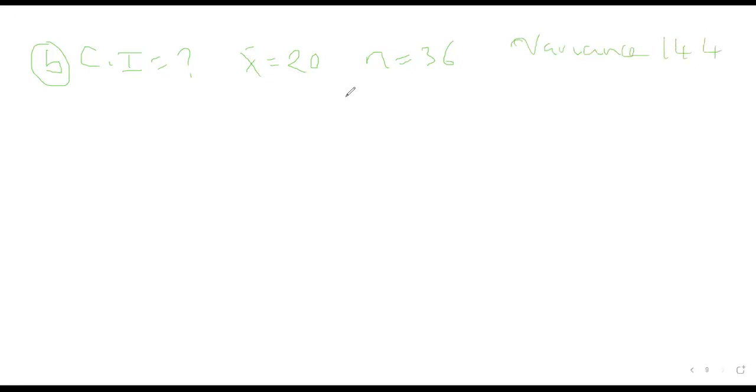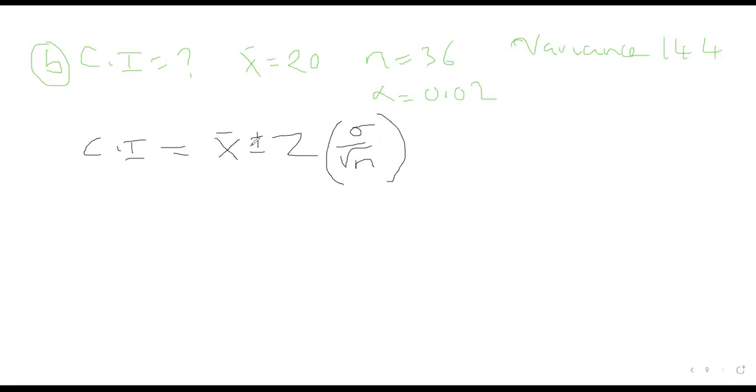We're also given that our alpha is 0.02. So we use the same formula. What's the formula? Confidence interval is equal to what? Who can remind us? Mean plus or minus z, standard deviation over square root of what? N.